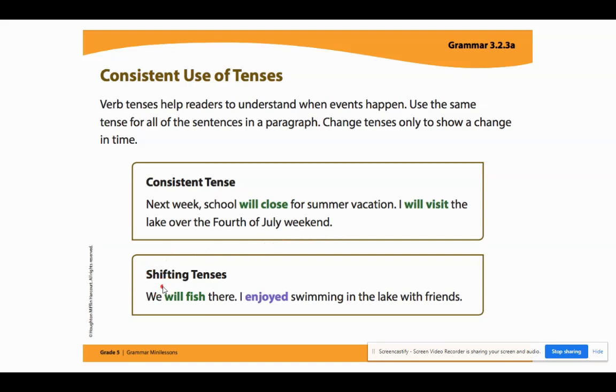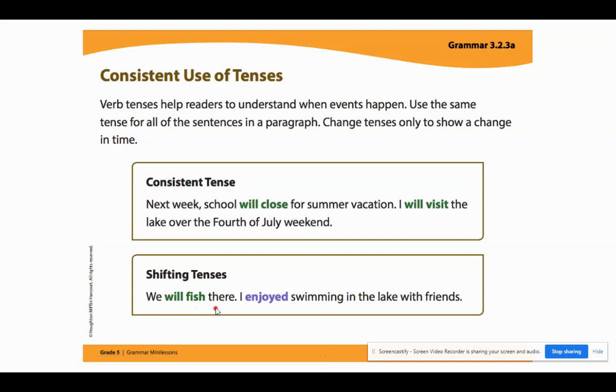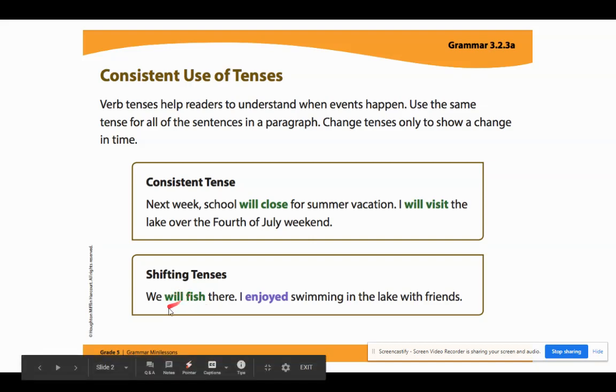Sometimes it's necessary to shift between tenses. So in this example, we will fish there. So it's something they will do, but they haven't done yet. I enjoyed swimming in the lake with friends. So they're referring to a time they've already enjoyed swimming in the lake with friends. So you'll see here in this sentence, they start with the future tense.